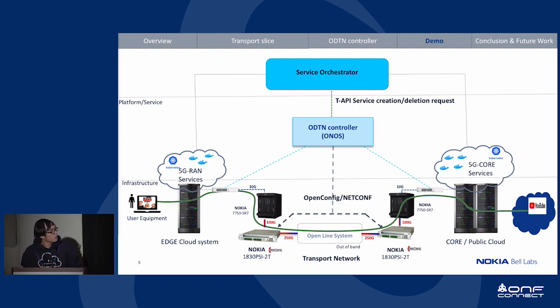At the optical layer, we have a couple of transponders. As the first step, we are going to provision a 250 gig optical channel across our OpenLight system.